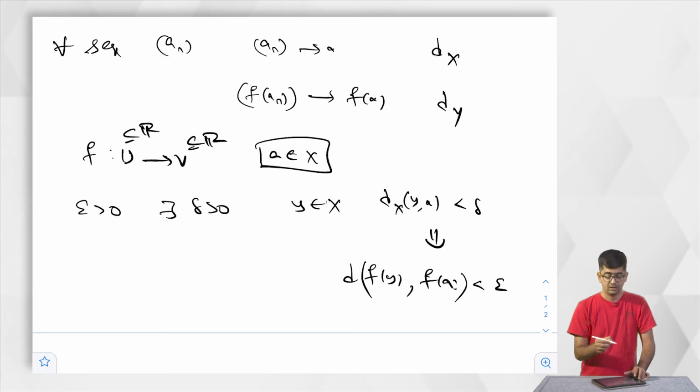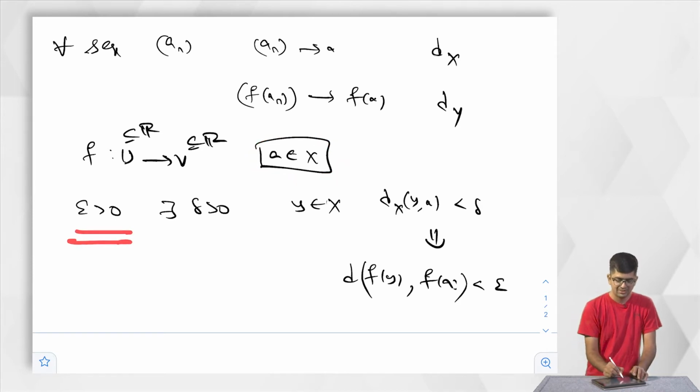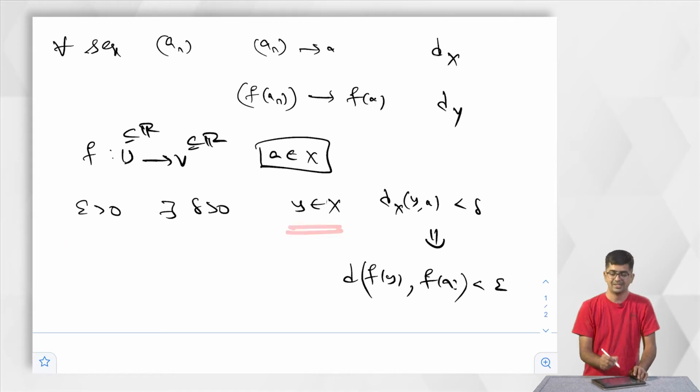A function f is continuous at A if given epsilon positive, there is a delta positive such that whenever y belongs to X is such that the distance between y and A is less than delta, then f(y) and f(A) have this property.